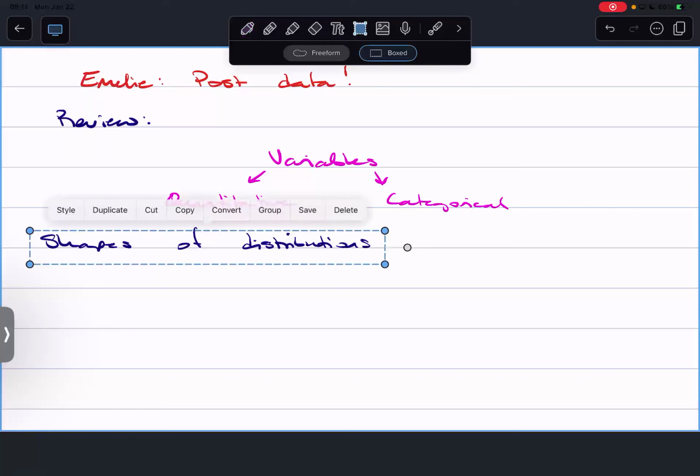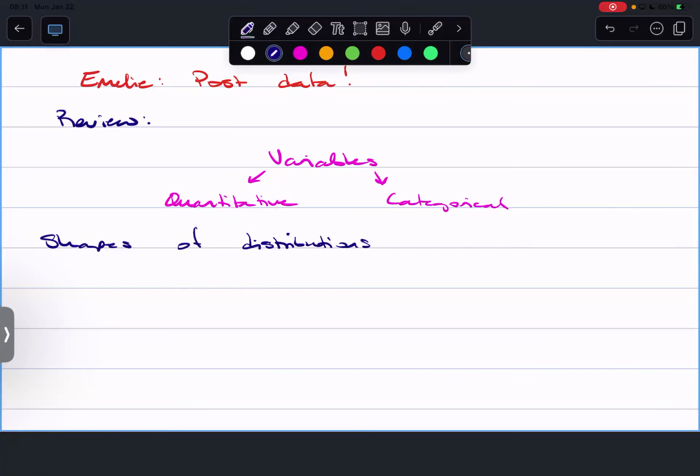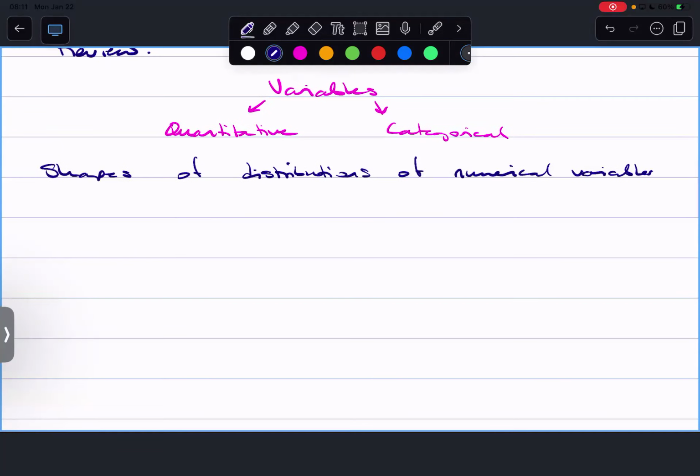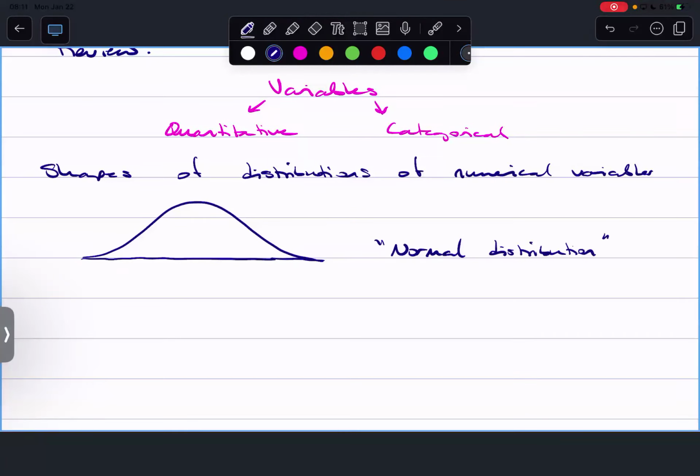So for the shapes of distributions of numerical variables, we introduce this unimodal symmetric bell-shaped curve, which we call the normal distribution. And then we introduce some other shapes, but let's just focus on unimodal distributions.